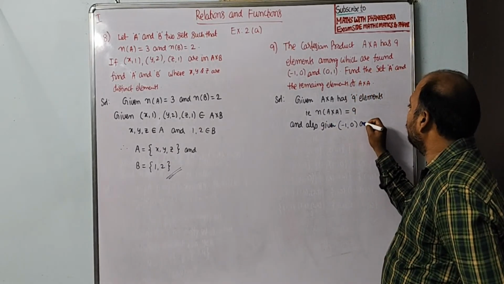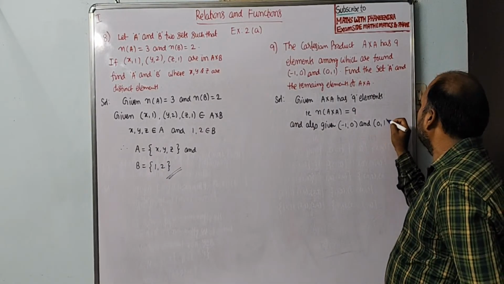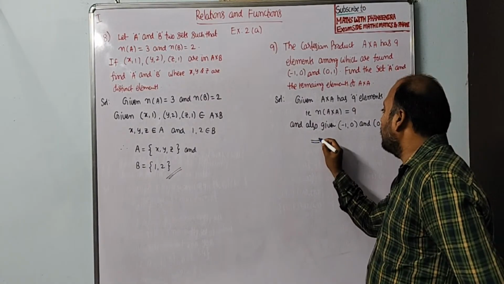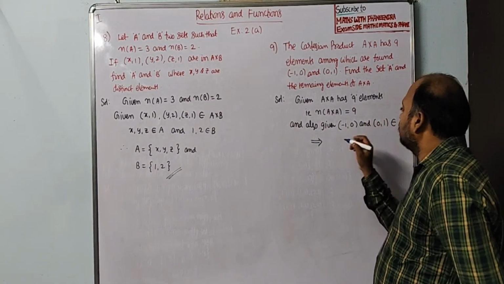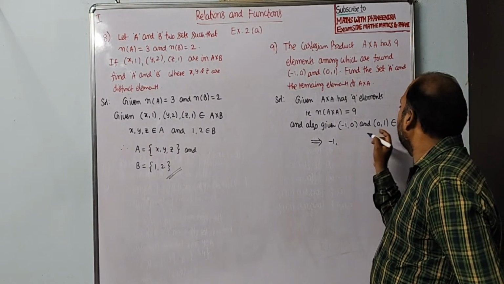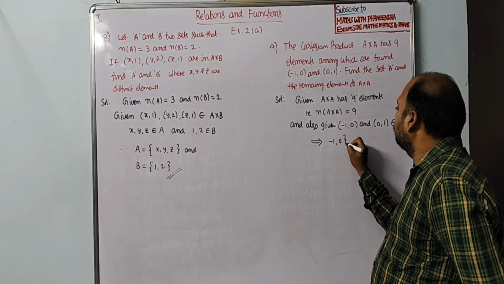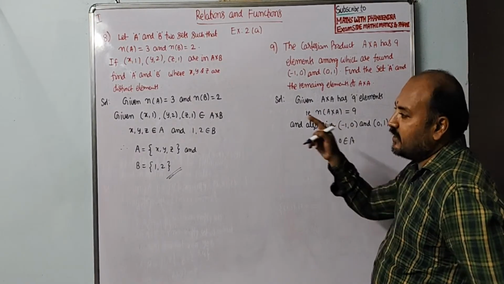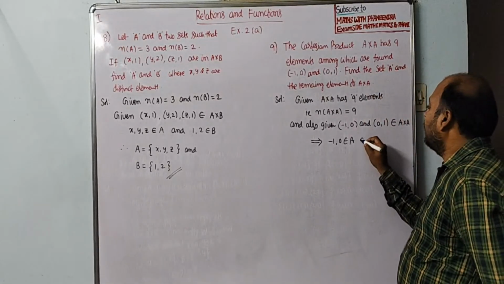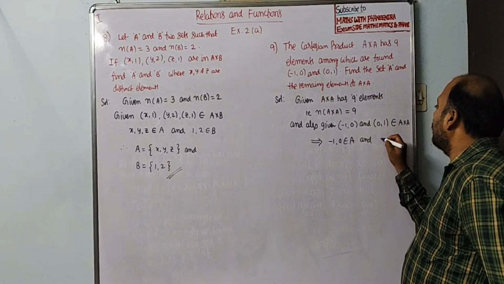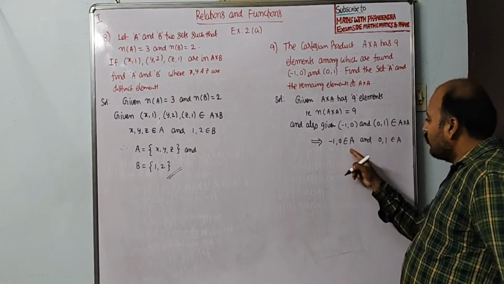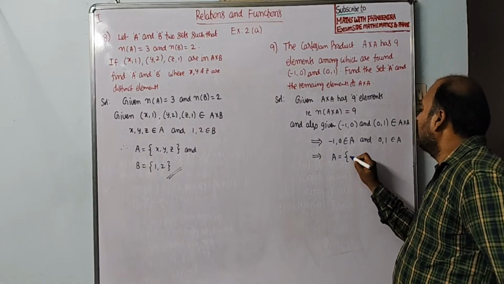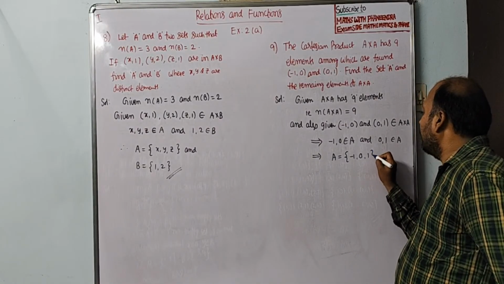minus 1 comma 0 and 0 comma 1 belong to A cross A. That implies the first element, minus 1 comma 0, belongs to A set, similarly, and the second element 0 comma 1 also belongs to A. From this we conclude that the set A contains minus 1, 0 and 1.